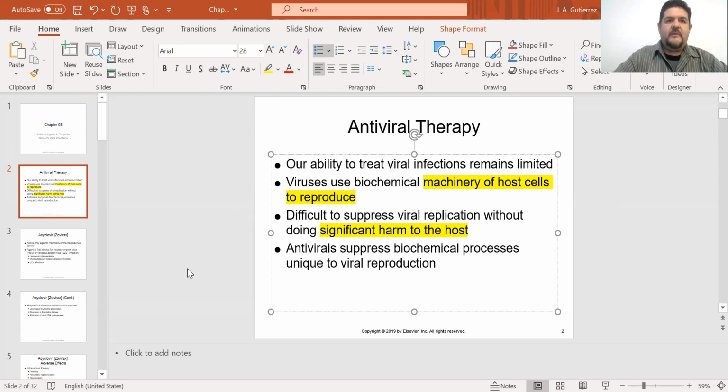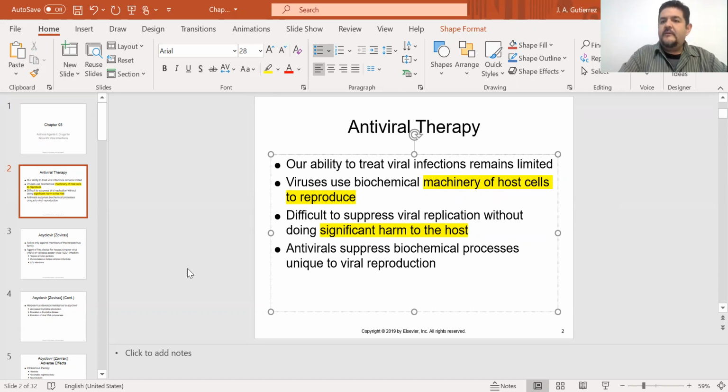So based on the effects of the disease, we have to weigh the benefit of producing damage to the patient using antivirals, or we let that viral infection follow its natural course and let the patient's body or immune system defeat it by itself.